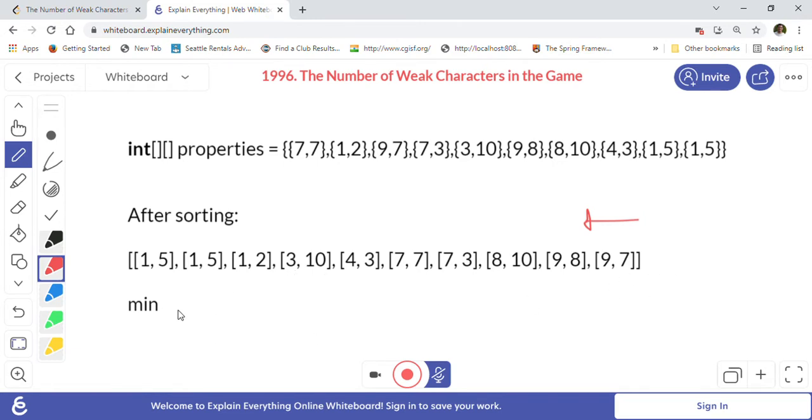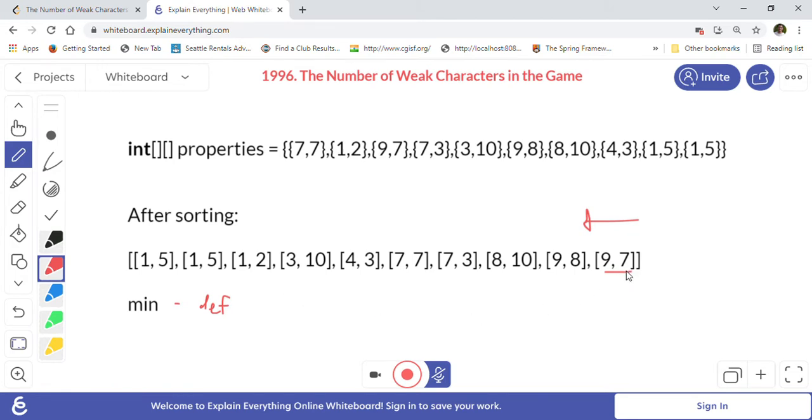In the beginning we are visiting this 9 comma 7. Our minimum value will always be based on the defense, so minimum is basically the defense value. Here we have initialized the minimum value as Integer.MIN_VALUE.